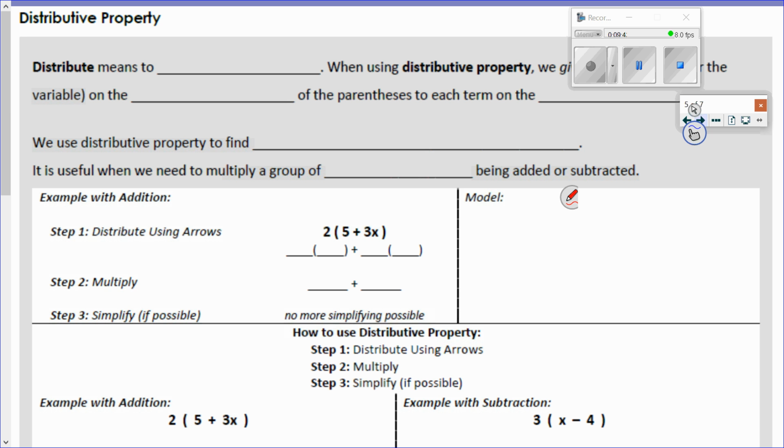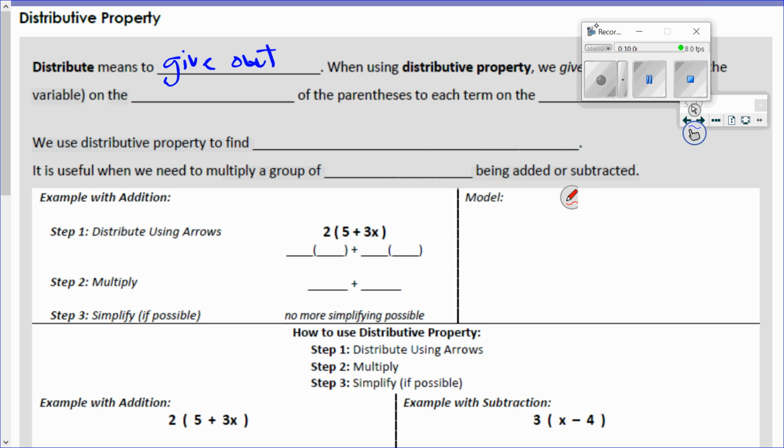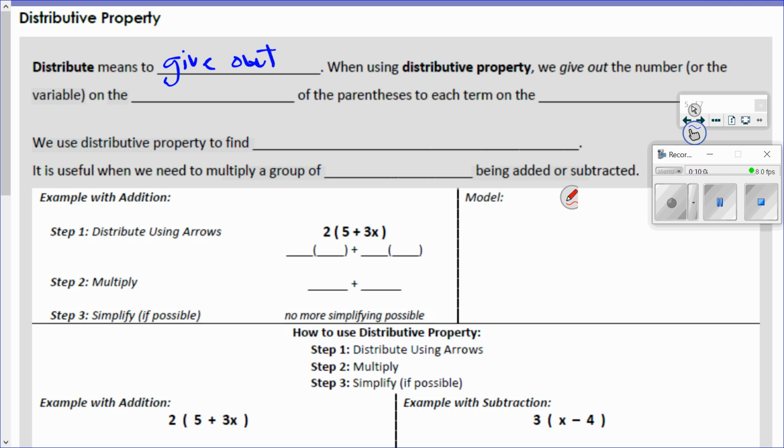Now, quick ELA lesson. What does it mean to distribute something? To give out, right? So distribute means to give out. I don't want to say divide, because it's giving it out to make sure that it goes to everybody, right? So when we use the distributive property, we give out the number or the variable, and that's a key thing, guys.